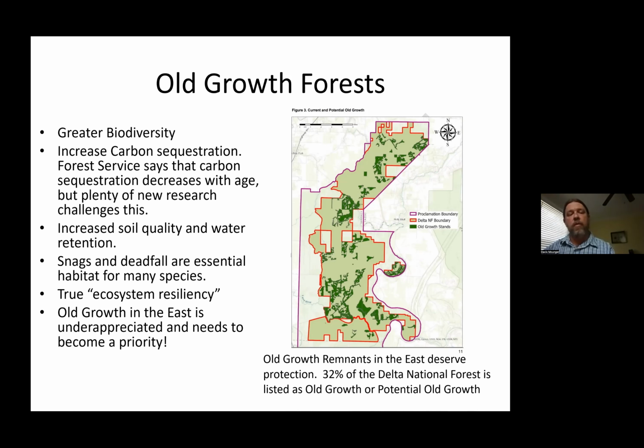And old growth forests just aren't trees. They are performing so many symbiotic relationships and microhabitats that include deadfall and coarse woody debris. We need to realize that old growth forests give us that complex web of ecological associations that we wish everybody would appreciate more.